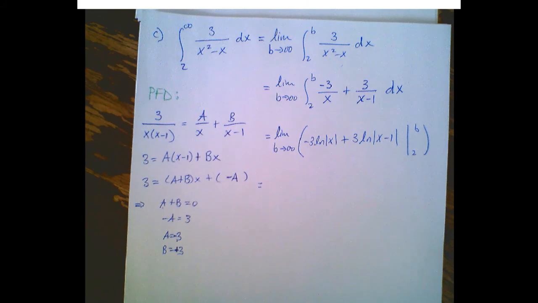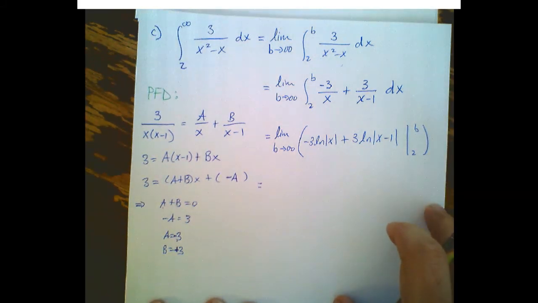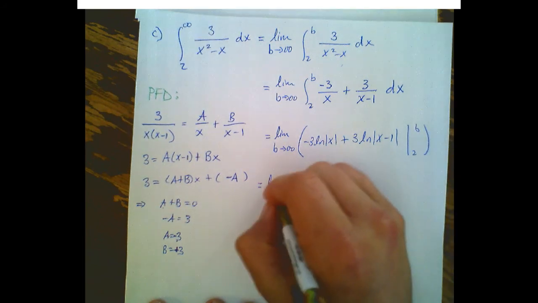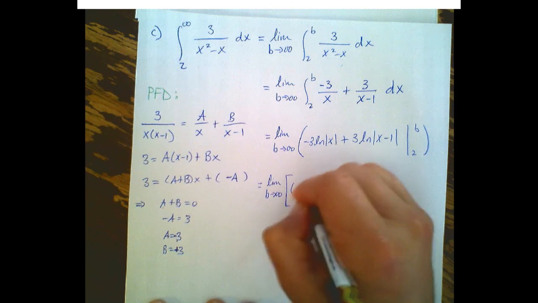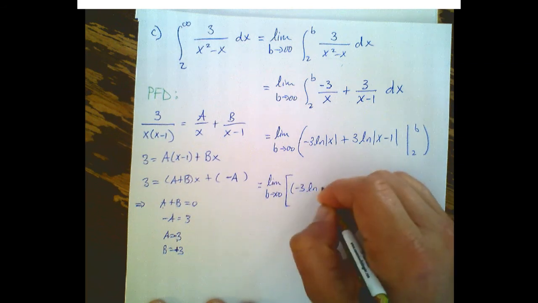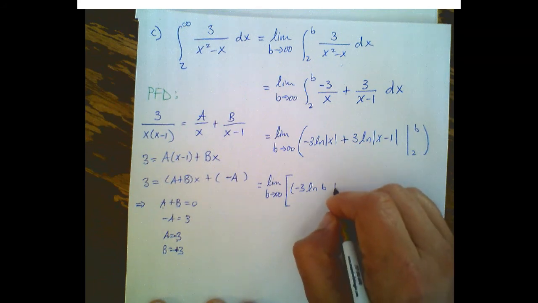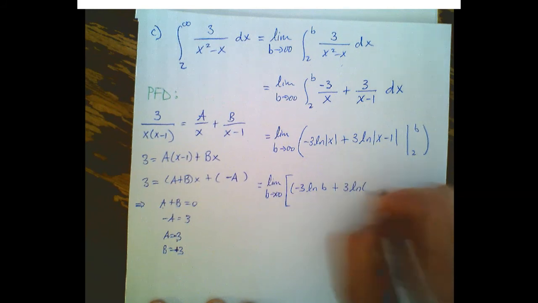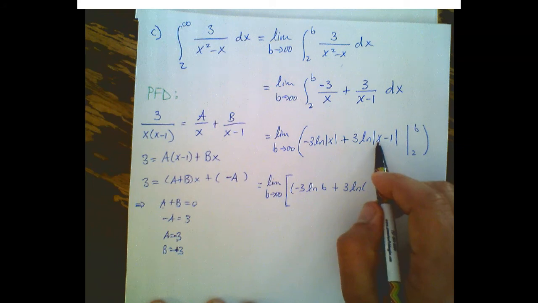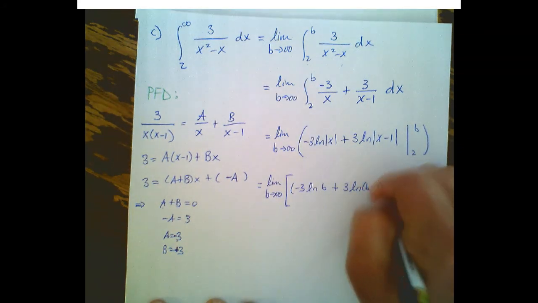Alright, so let's take a look here. So we'll have the limit as b goes to infinity of negative 3 natural log of b, and b is positive, so we can get rid of the absolute value. Plus 3 natural log of b minus 1. We know that b is larger than 1 as well, so we can get rid of the absolutes there too.